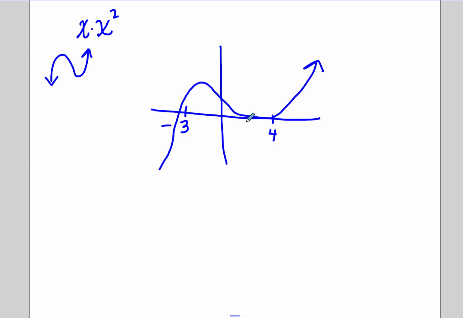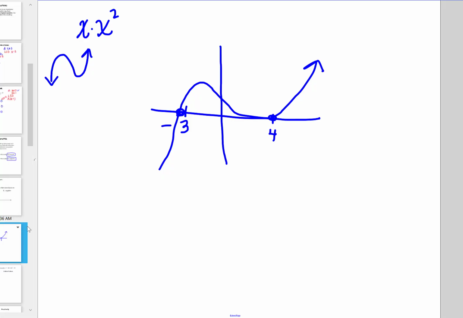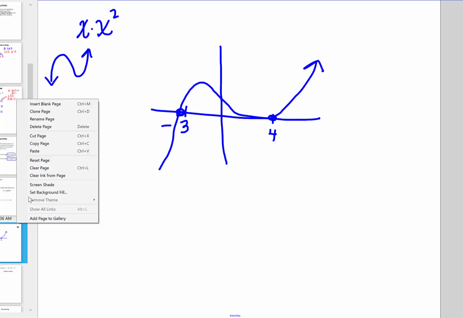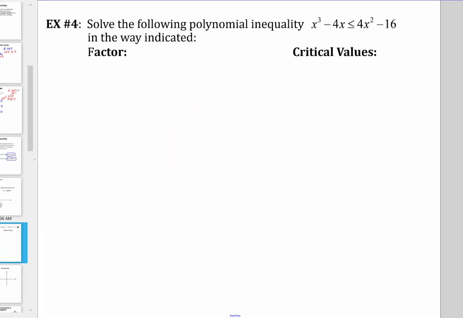Or is this section going to dip down below? Can it touch and go back? Is that possible? No. So we know the behavior of the graph is going to look something like that. It's got to touch at 4, cross at negative 3. So just along the lines, we kind of have a feel for what's going on.